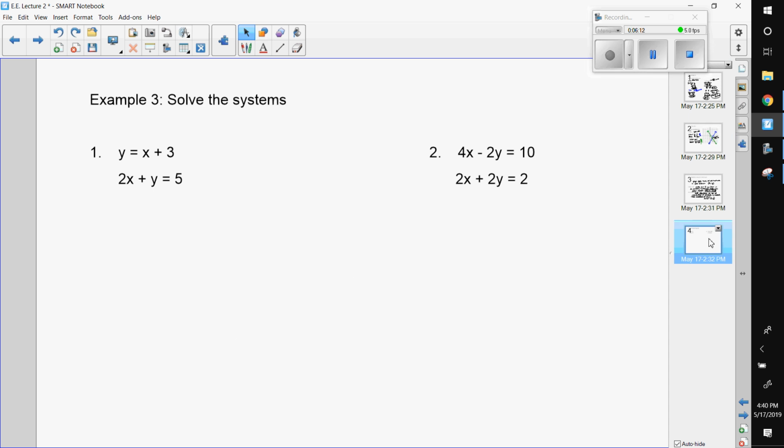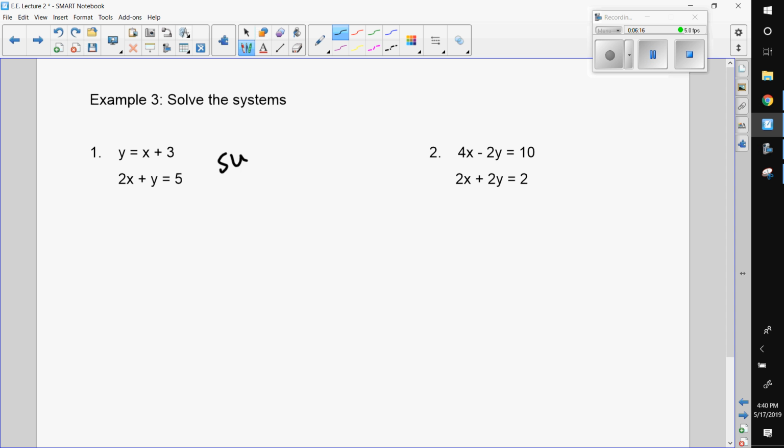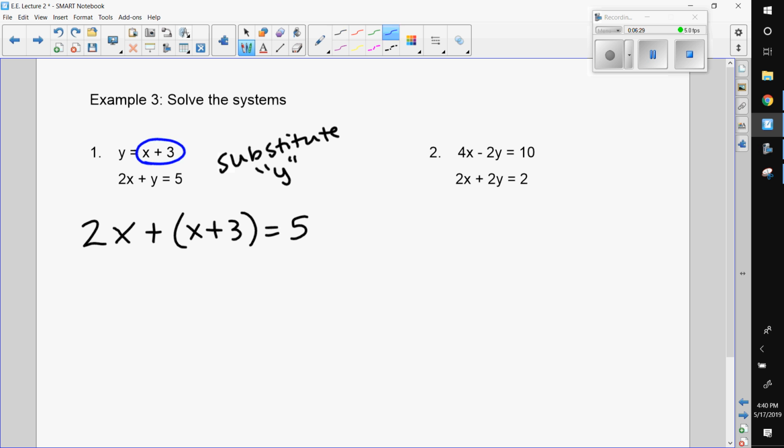But when you have these here, we already have this equal to y, so I can substitute y here: 2x plus x plus 3 equals 5. So I took this here and I substituted in for this y, which became this.